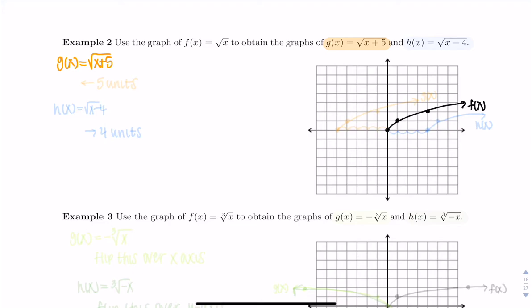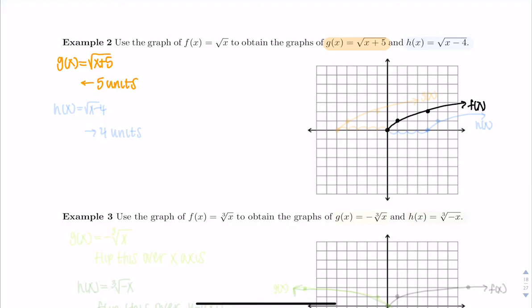Because the plus 5 is underneath with the x, that means I'm shifting it to the left or to the right. And since it's plus, we're going to shift it to the left 5 units. It's almost the opposite of what you'd expect. You'd think you'd want to go more positive because you're adding 5, but you're really going to the left 5 units.